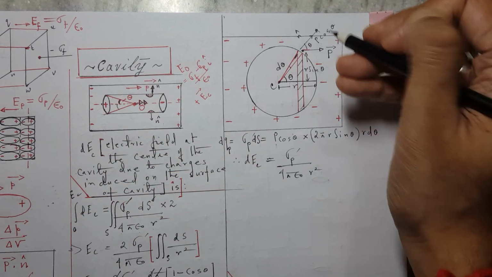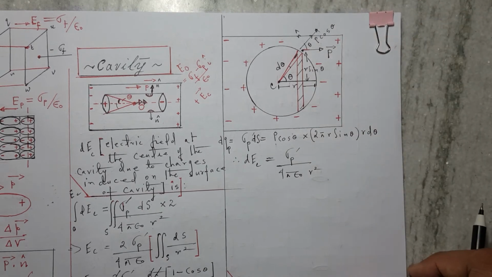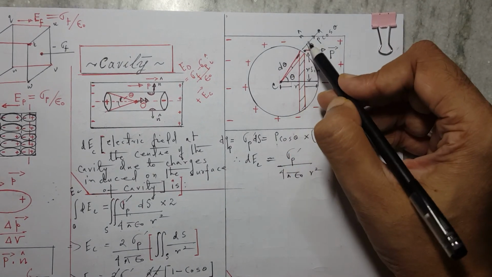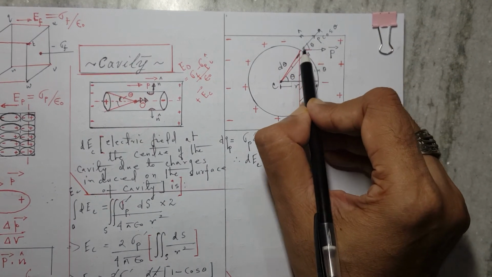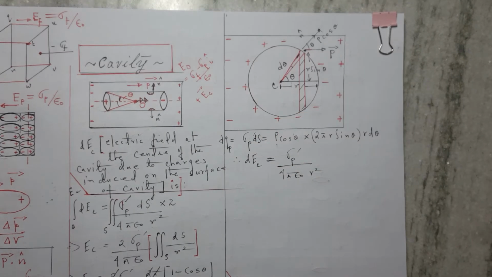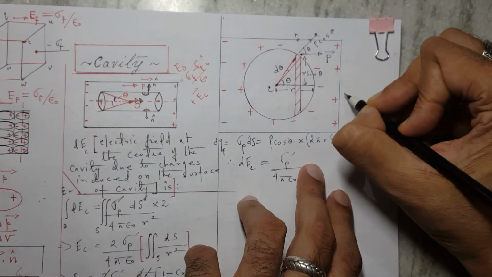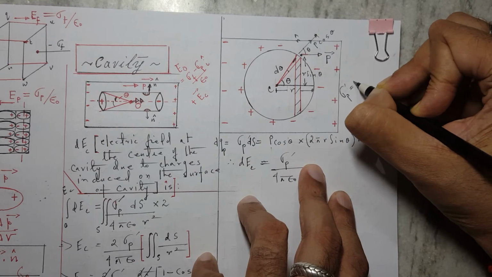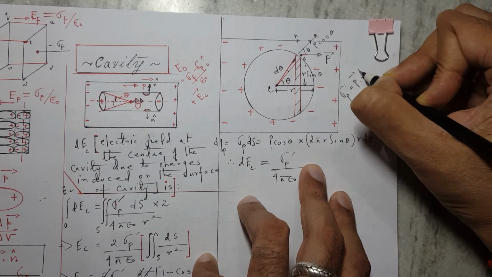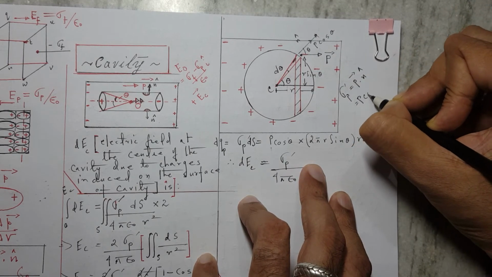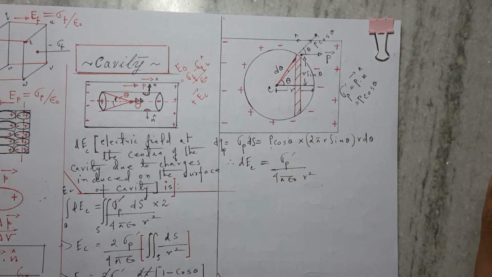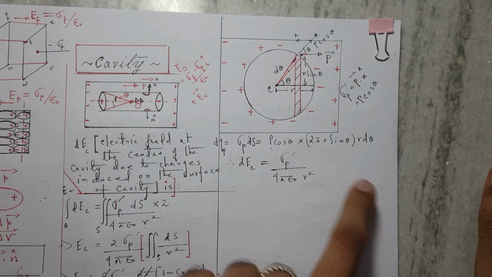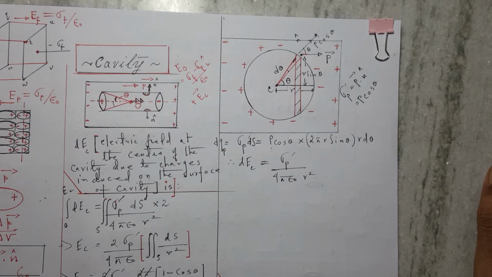What is sigma P dash? I told you, it is the magnitude of polarization along the direction of the outward drawn normal. So P vector dot n cap will be P cos theta. So basically sigma P dash is P vector dot n cap, which is nothing but P cos theta. So P cos theta multiplied by the area of that strip, 2 pi R sin theta R d theta.